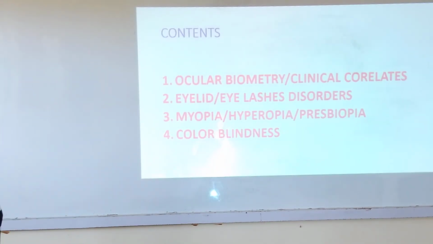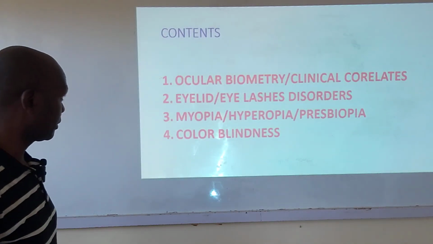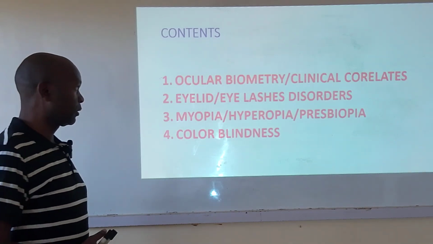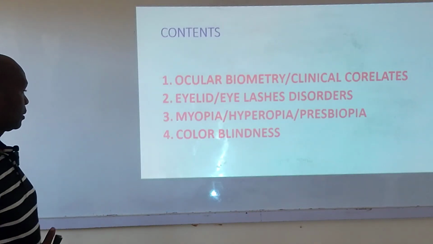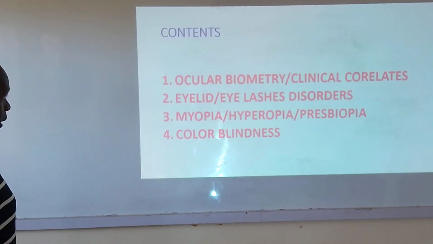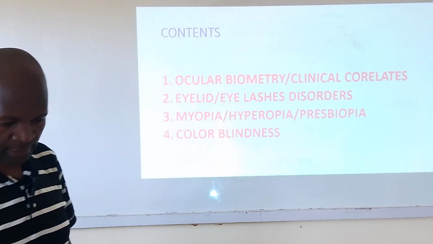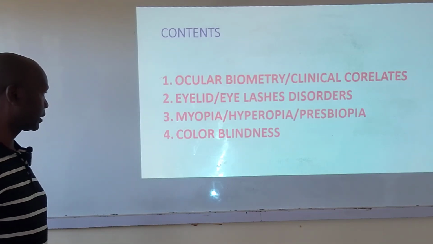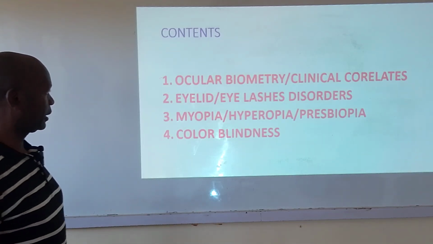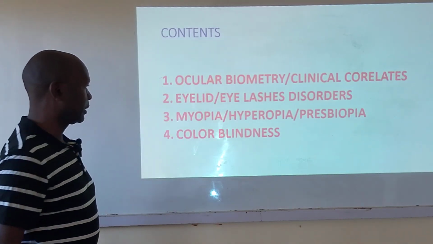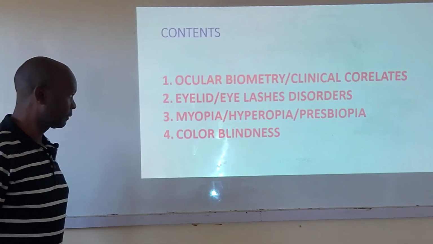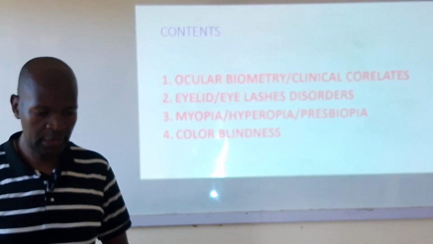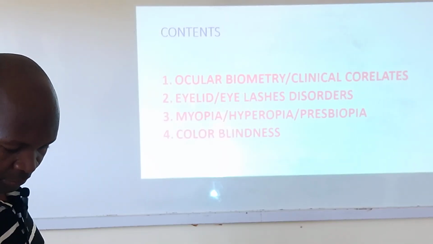So we will look at ocular biometry together with clinical correlates. We will look at some eyelash disorders. We'll also look at myopia and hyperopia together with presbyopia. And then lastly, we'll say something small on color blindness.